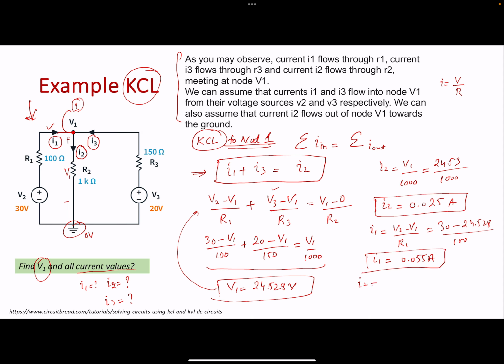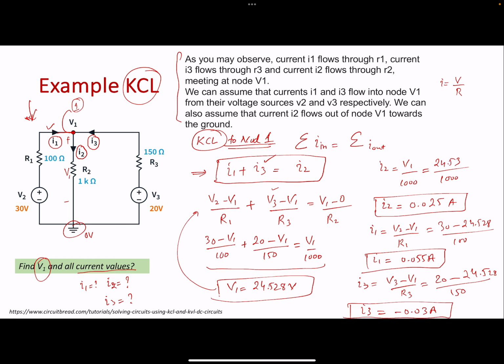And finally, I3 is V3 minus V1 over R3. V3 is 20 minus V1, which is again 24.5, divided by R3, 150. So I3 comes out to be minus 0.03 amperes.